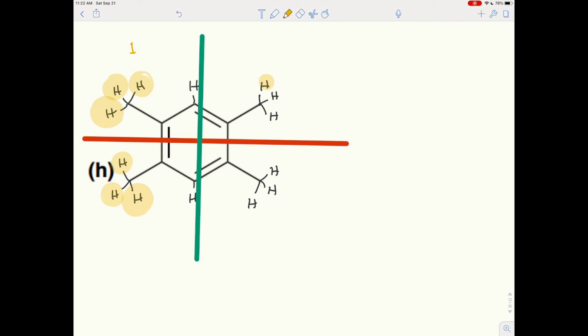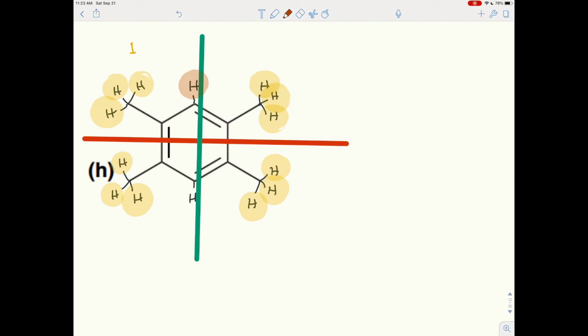Because of the green line of symmetry, the hydrogens on the other side of that are in the same electronic environment, and so will absorb the same amount of energy. And if you look at these hydrogens here and cross over the orange line of symmetry, these other hydrogens are in the same environment still. So all of those hydrogens are in the same electronic environment because of all the symmetry, so they'll all absorb the same amount of energy and they'll show up in the same peak or the same signal on the spectrum.